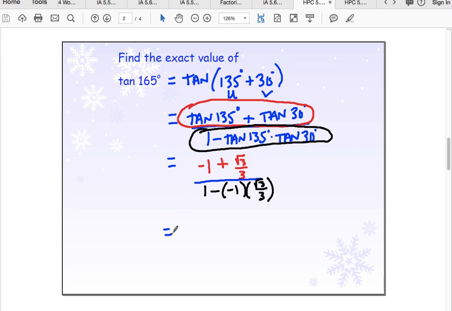Okay. Now on the top, the stuff in red, I cannot add those until I have a common denominator. Right now, I could write that as -1/1, and I could multiply by 3 on top and bottom. Okay, so my common denominator is 3, and then on top I would have 3 plus square root of 3.